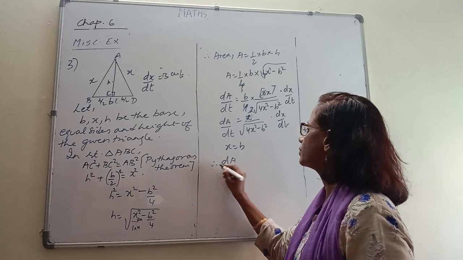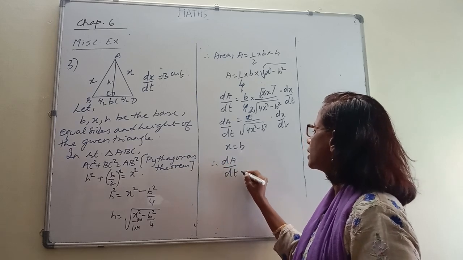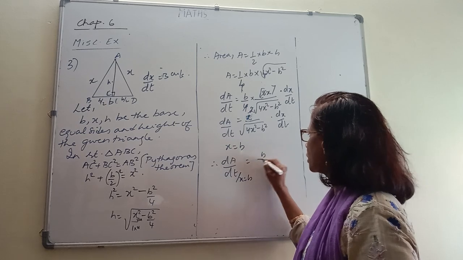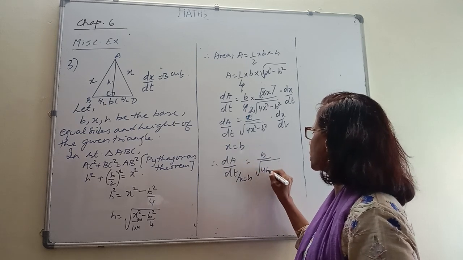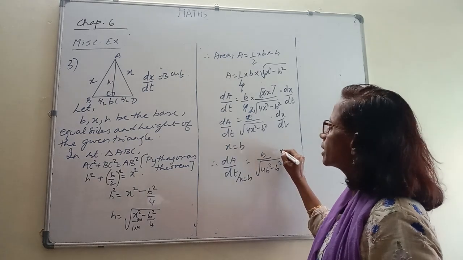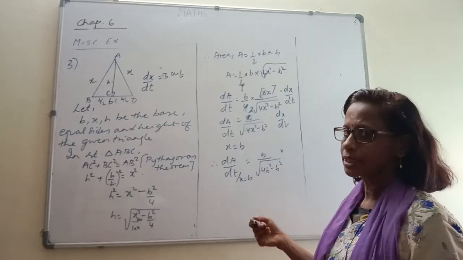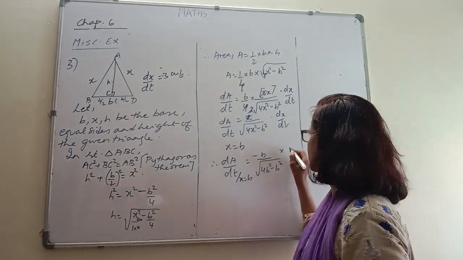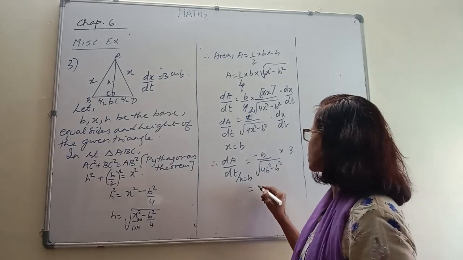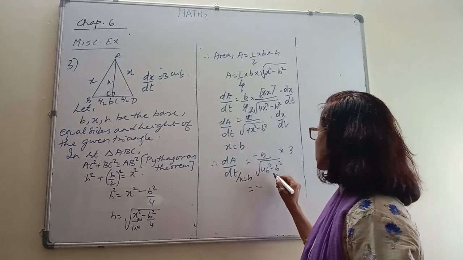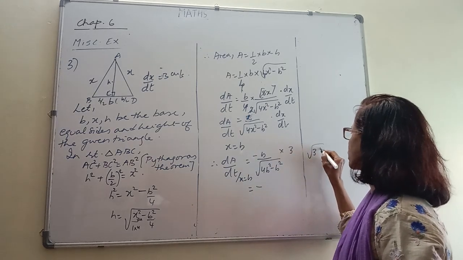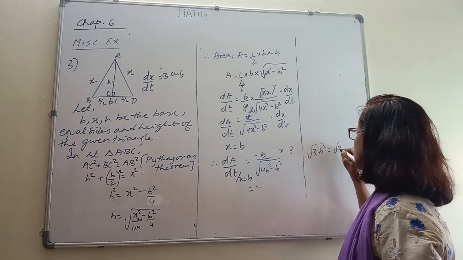dA by dt at x equal to b is going to be b over root of 4b squared minus b squared, and then dx by dt is actually negative 3, and since the area is also decreasing, you can account for it. So root of 4b squared minus b squared is going to be root of 3b squared, which is root 3 b.